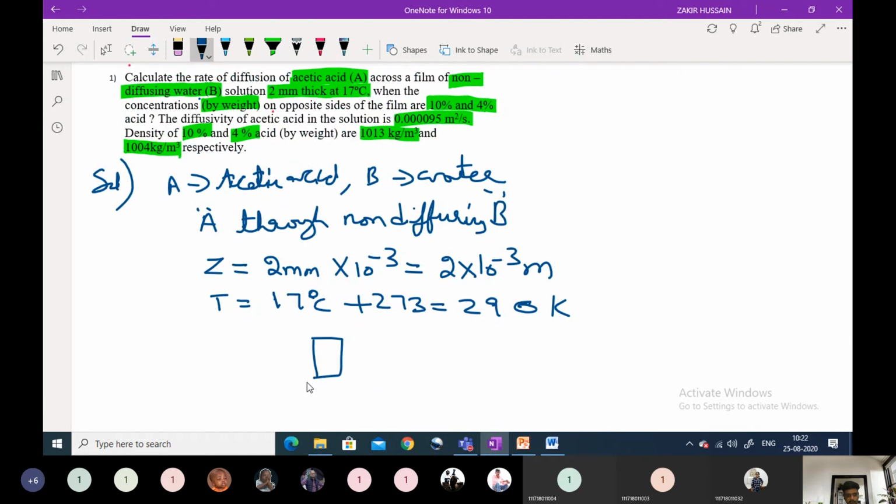If you consider this as a film with Z equal to 2 mm, at position 1 it is 10%, and at position 2 it is 4%.